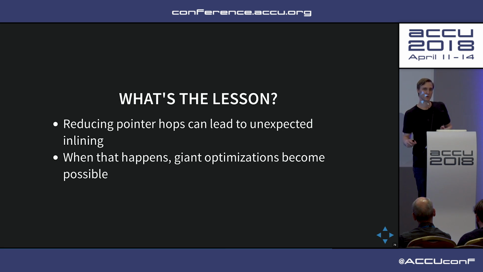So you might get vectorization or allocation elision, or I think they can fuse allocations, and all these super cool optimizations that they can do when they can see the code. If the compiler is able to inline, because maybe you reduced the number of pointer hops or something like that, then suddenly the optimizations that become possible are just crazy.